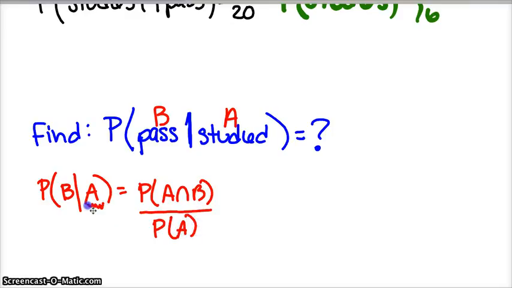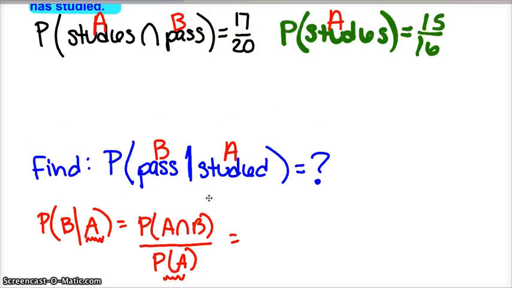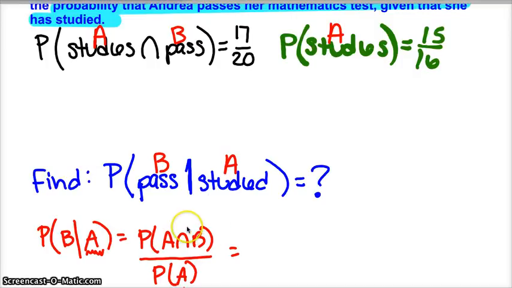This here limits our sample space. So if I want to find the probability that she passes given that she studied, I need the probability that she studies and passes. Well, that was given to me as 17 over 20. Then there's this big fraction bar right here.